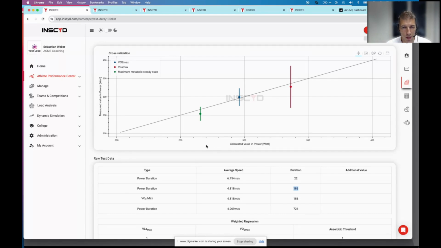Okay, now the 3-minute effort is an effort which can elicit, which can trigger VO2 max. However, not all the power or speed in your 3-minute effort is from the aerobic energy system, right?